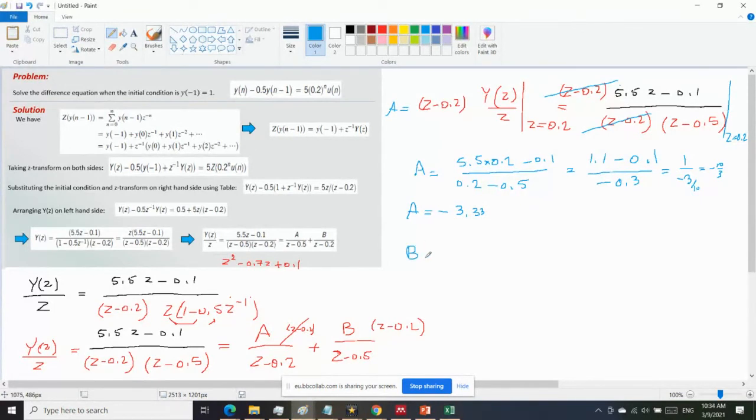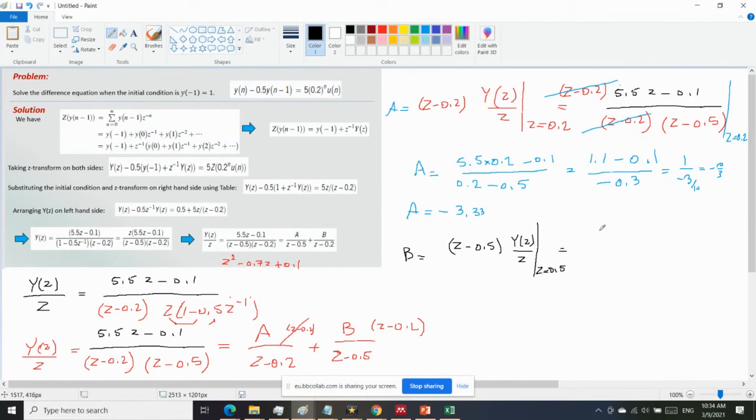What about B? It will be the other side. So we're going to multiply with z minus 0.5 and then evaluate at 0.5.